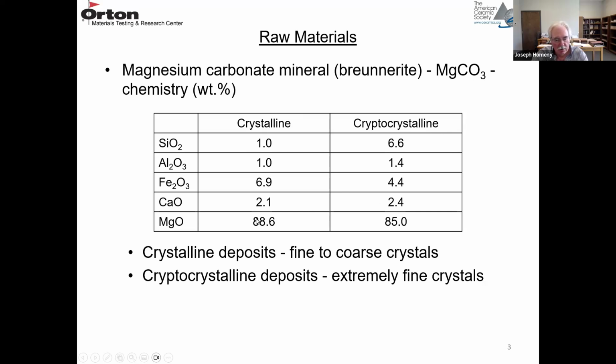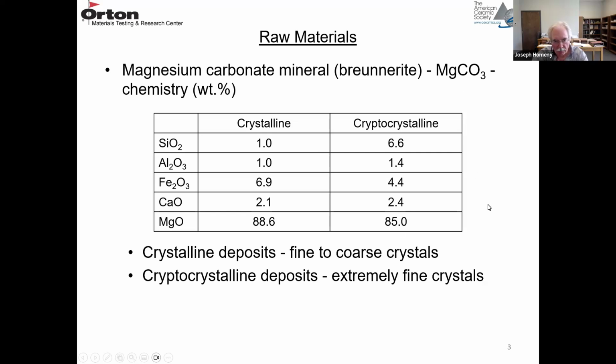These are about 88 and 85% MgO, and the balance is CaO, Fe2O3, Al2O3, and SiO2. Usually Fe2O3 and SiO2 are the impurities in the largest amounts. The crystalline deposits are coarse crystals, and the cryptocrystalline deposits are very fine crystals.